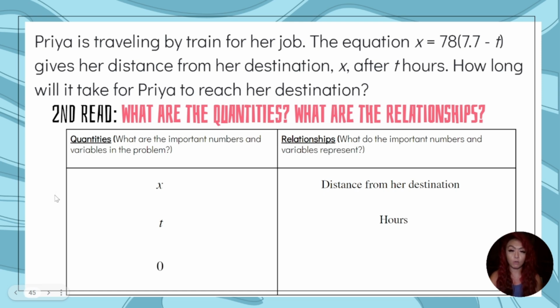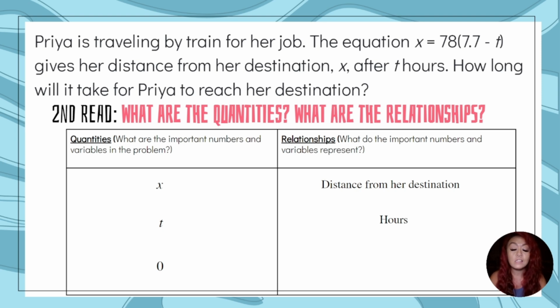And we have 0. Now, why would I choose 0 for one of our quantities? I don't see 0 in the problem, right? What could 0 represent? Well, the question is asking, how long will it take Priya to reach her destination?